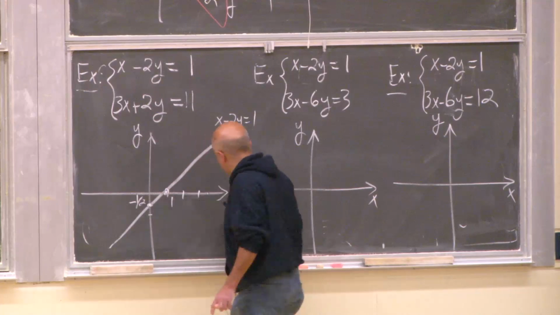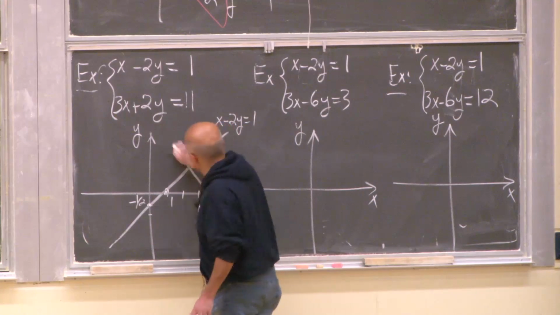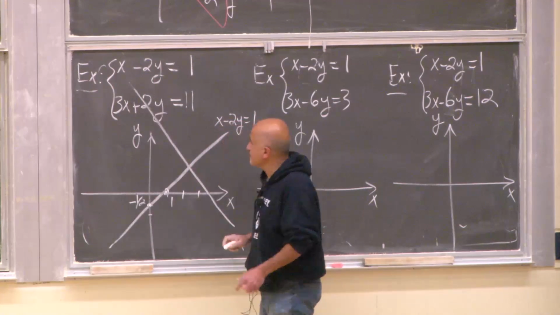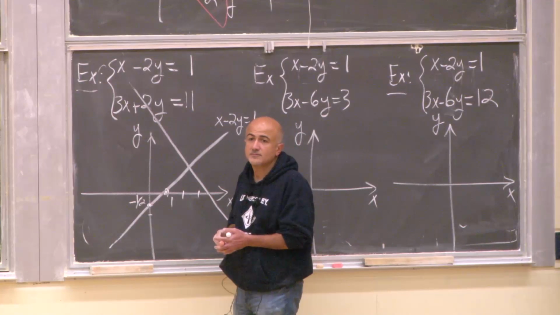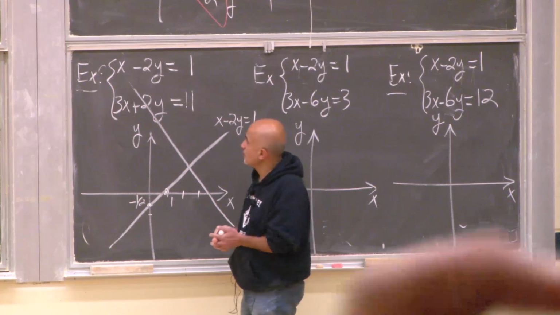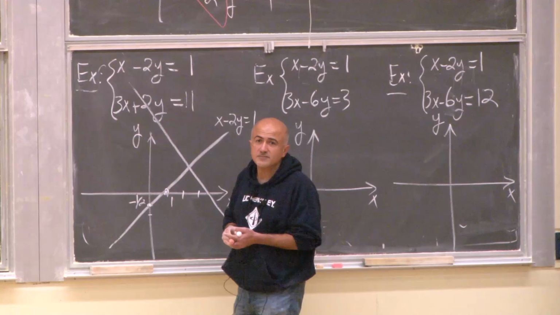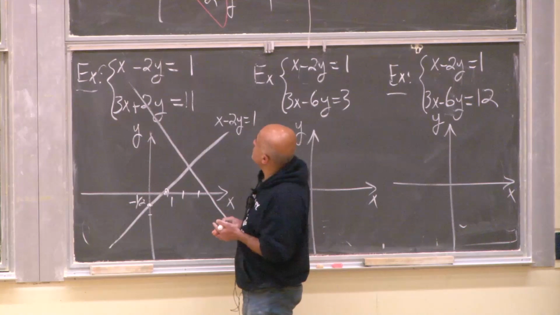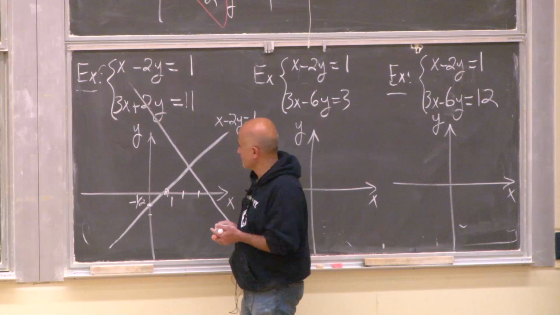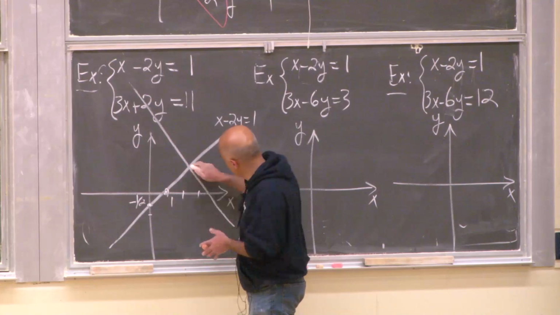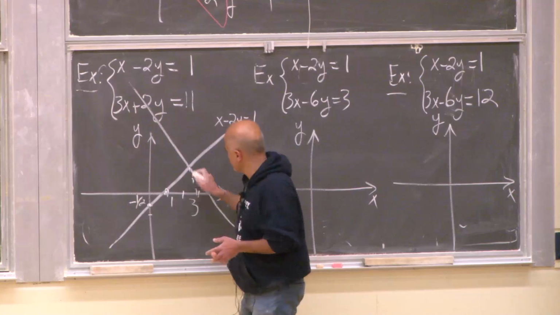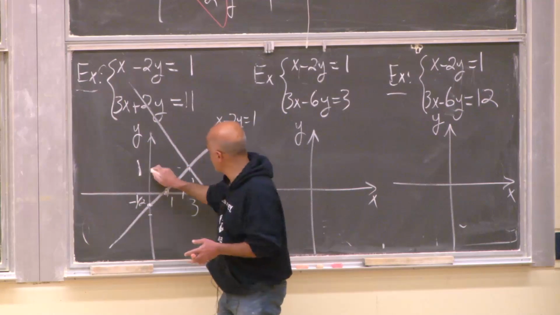So it's going to be like that. And the intersection is? The intersection would be your solution, no? What did we say the solution was? 3, 1. So I didn't draw it properly, but this should be 3 and this should be 1.